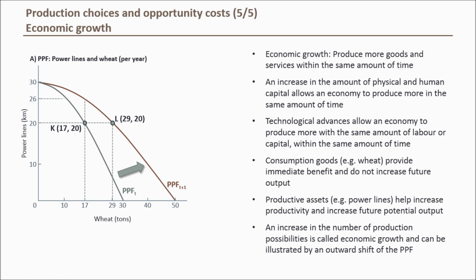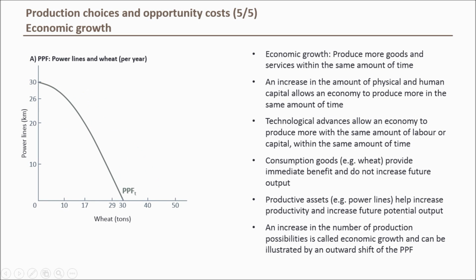This reallocation of productive resources can be illustrated by point M. At point M, any resources that were left idle because of improvements in wheat production without an increase in wheat production are now used to produce power lines. The new allocative efficient point will need to be determined by comparing the economy's new marginal benefit and cost values.